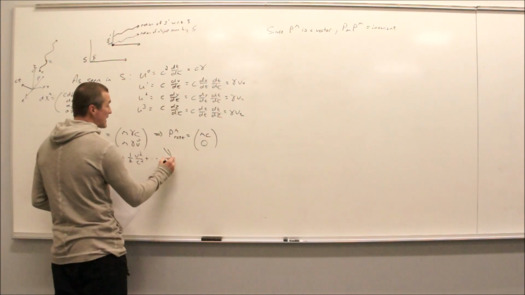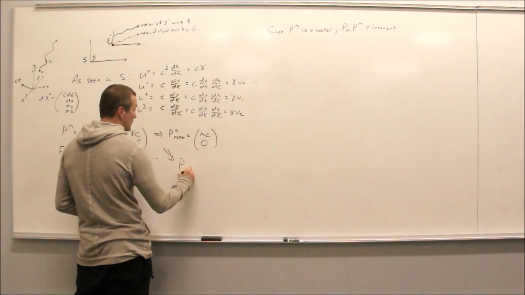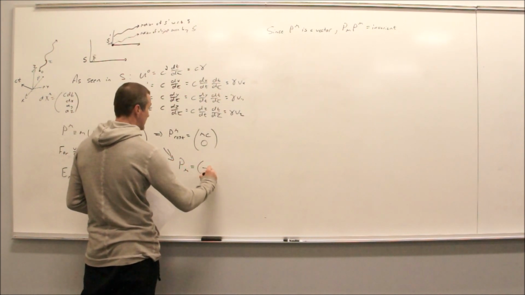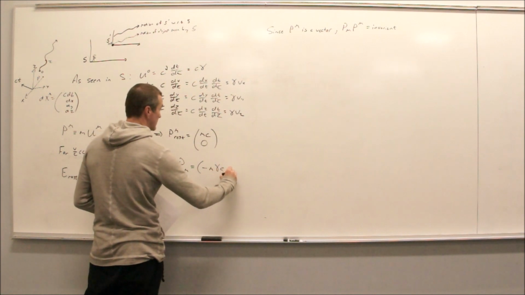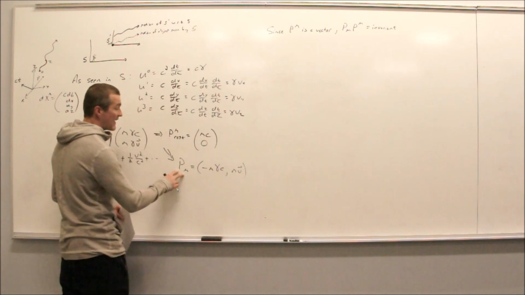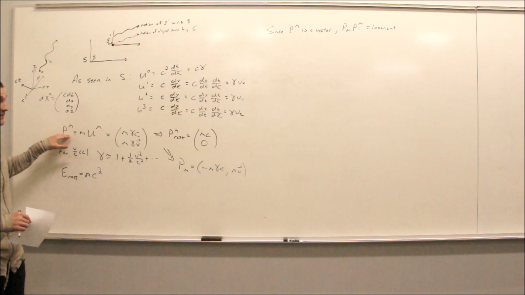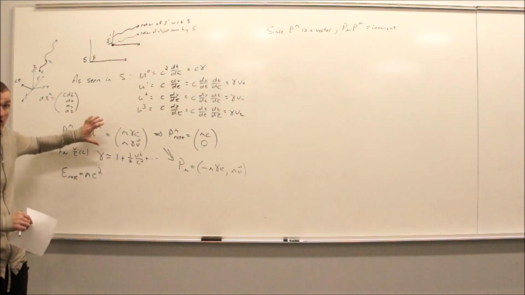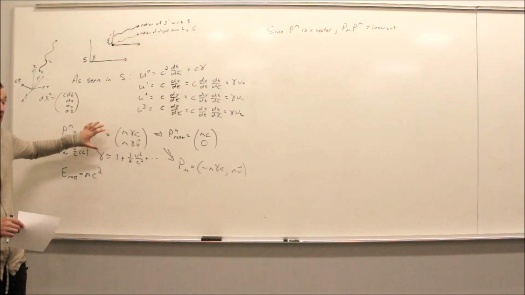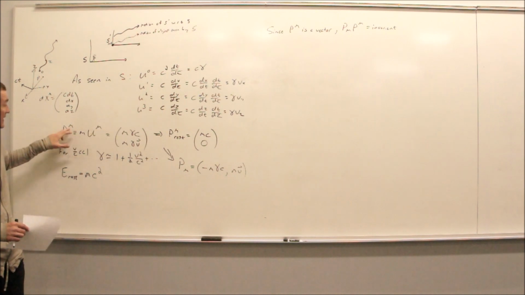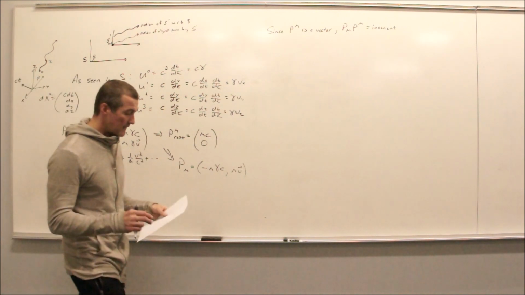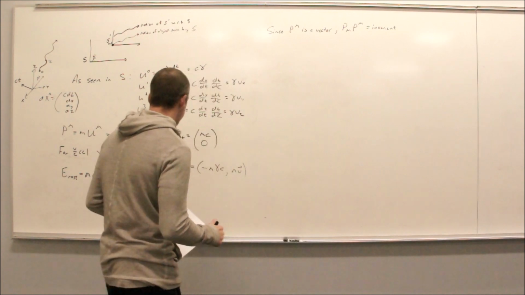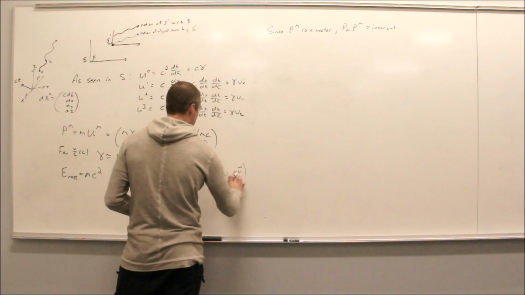You can find P lower mu by applying the metric to this, and it'll just be minus M gamma C, M gamma V. But this is the starting point. So whenever you're thinking about this, you've got to associate it with an upper index. There should be a gamma between that M and V, right? Yes, sorry.